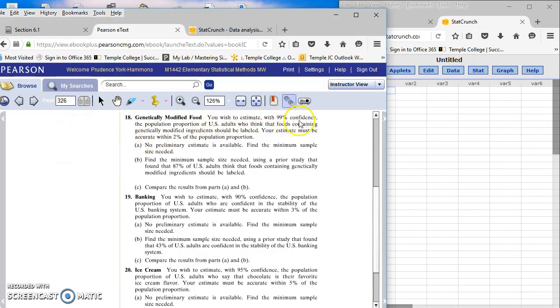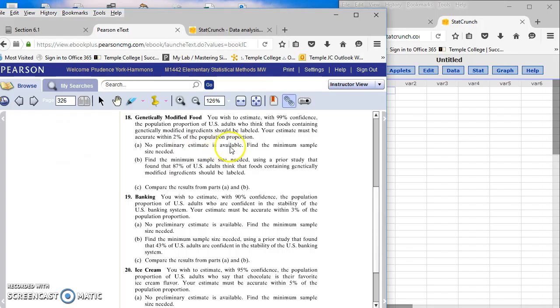You wish to estimate with 99% confidence the population proportion of U.S. adults who think that foods containing genetically modified ingredients should be labeled. Your estimate must be accurate within 2% of the population proportion. Part A says no preliminary estimate is available. Find the minimum sample size needed.